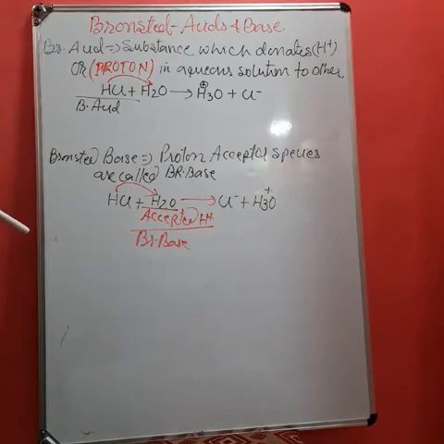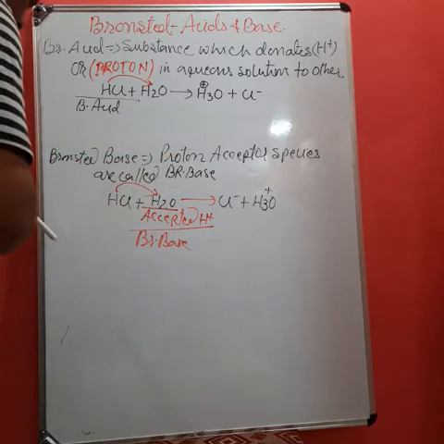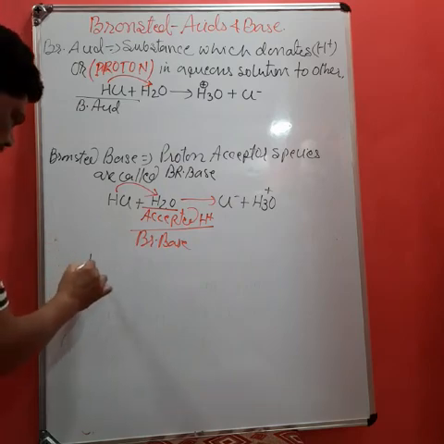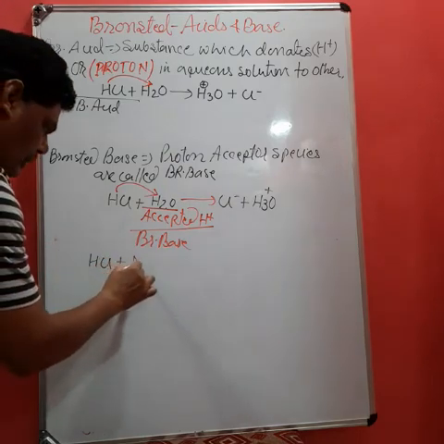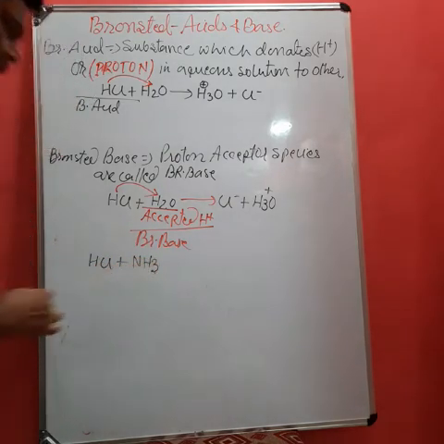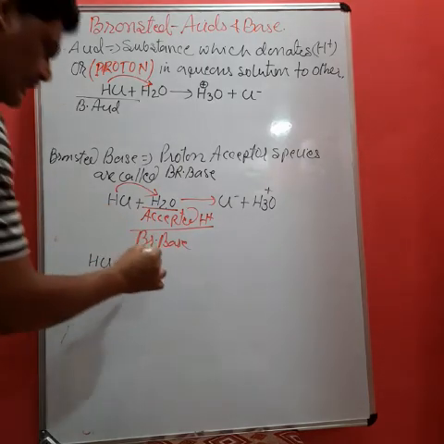We can also write one more reaction of a Bronsted base. How? HCl plus NH3.